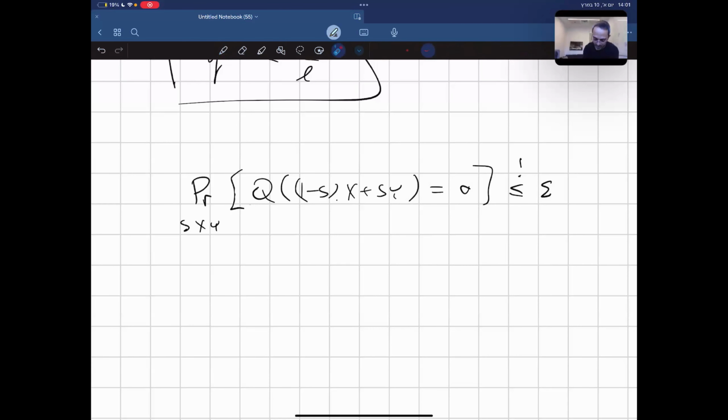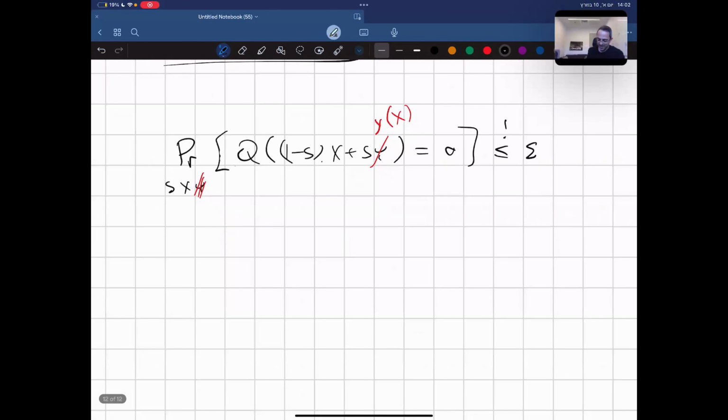So let me change it here. I write it as little y as a function of capital X, and I'm removing this here. Now in terms of randomness, we fixed Y. S and X are the only things that are alive now. The second thing we are going to do is fix the X. The proof is going to be by contradiction.